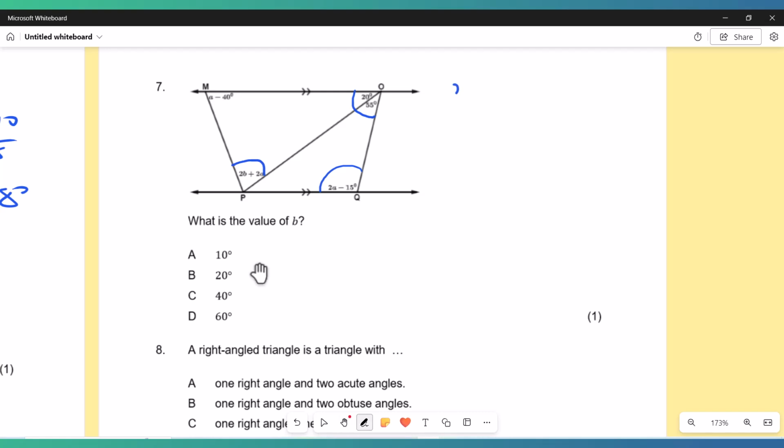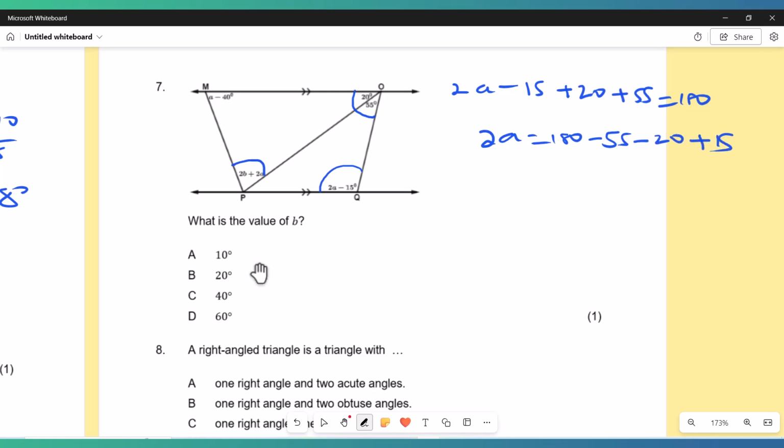So I'm going to say 2A minus 15, then plus 20, then plus 55 must give us 180 degrees. So 2A equals 180 minus 55 minus 20 plus 15.